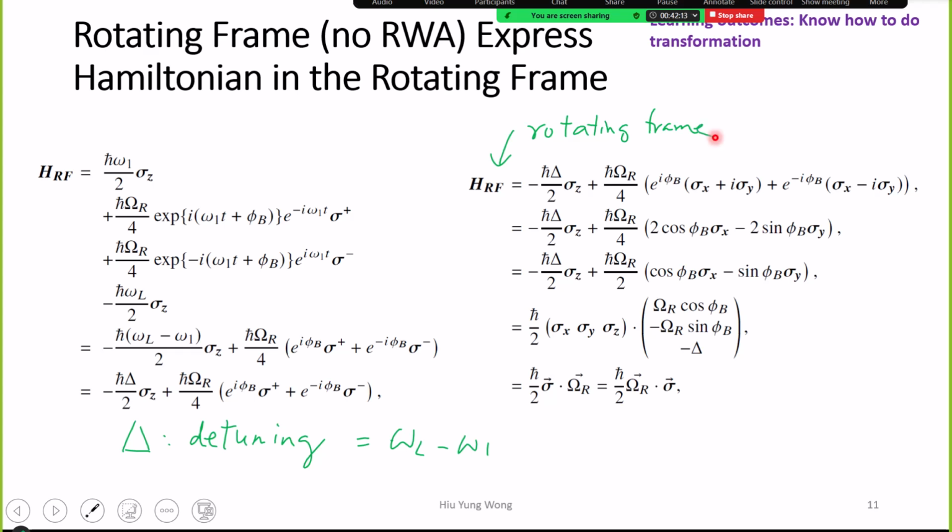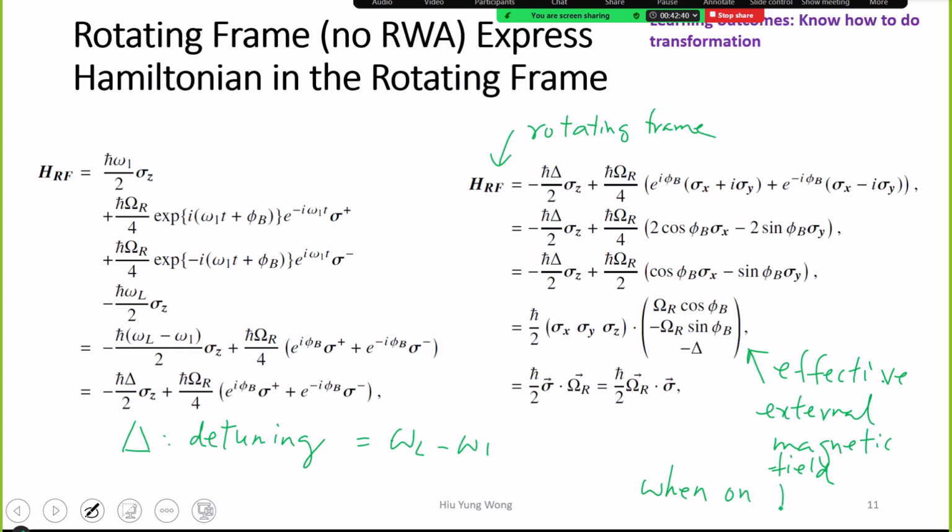And what I see is that the Hamiltonian is just like the Pauli vector dot product with the effective external magnetic field, in the rotating frame.